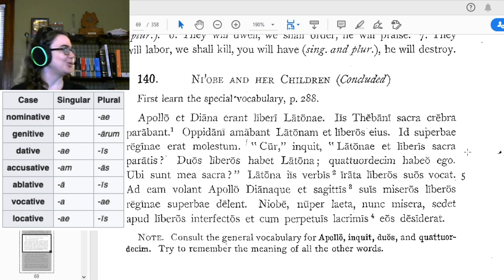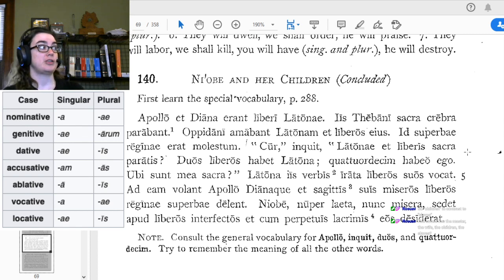And so your children are people who are free. So you wouldn't use it if you were a slave talking about your children. You would not call them liberos. You would just call them filios. It's a strange one. Absolutely. But the word for free and the word for child is in fact the same.